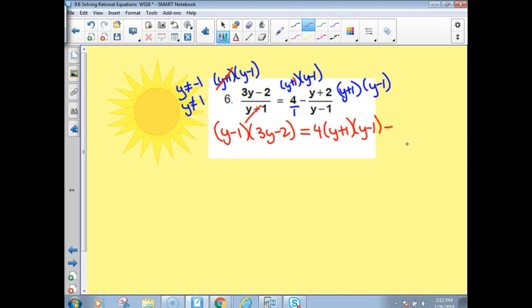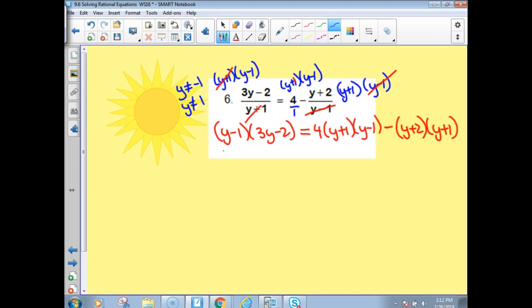Minus, and keep a parenthesis, please, y plus 2 times, and what's going to be left here? The y minus 1 cancels with the y minus 1, and we have y plus 2 times y plus 1. Ooh, that's a long one. We got some foiling to do, right? Or double distribution.